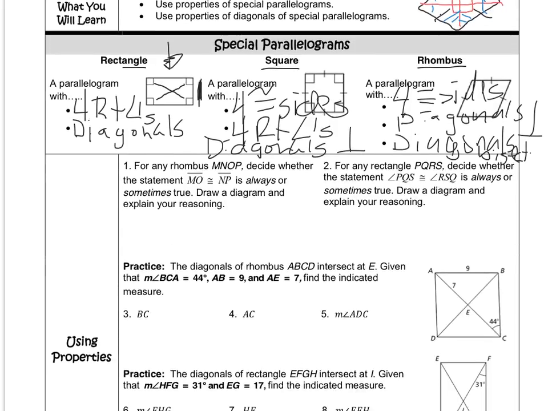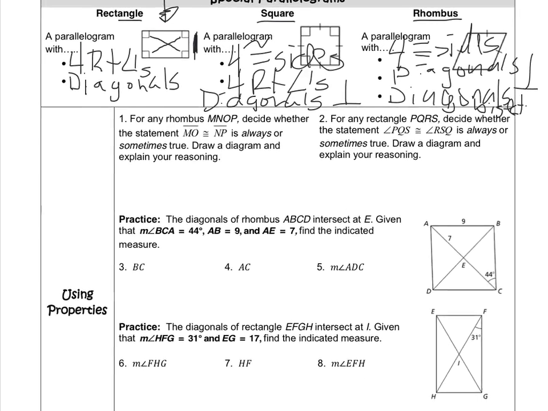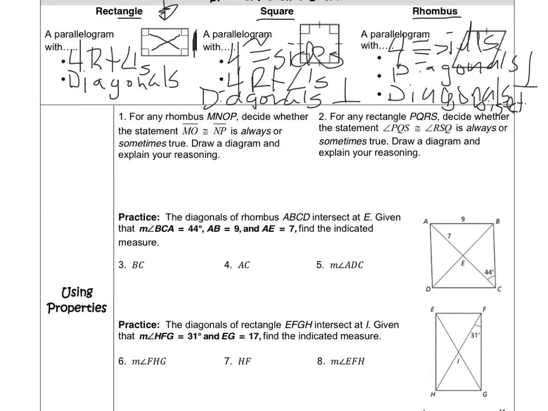So let's talk about some more here. In example 1, it talks about for any rhombus MNOP, decide whether the statement MO is congruent to NP is always or sometimes true.